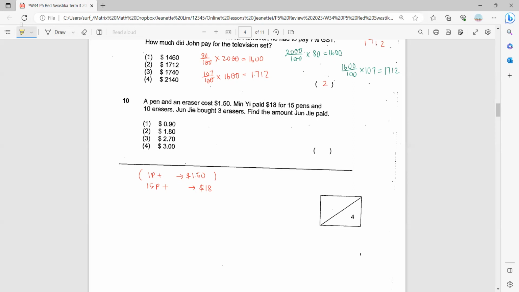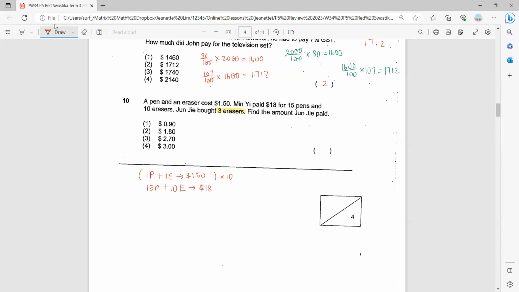We're supposed to find 3 erasers. Oh wait, sorry, no calculator, right? It'd be easier to make the erasers the same. So 1 pen plus 1 eraser is $1.50, and 15 pens plus 10 erasers is $18. I want to times 10 to make the erasers the same, since times 10 is easier.